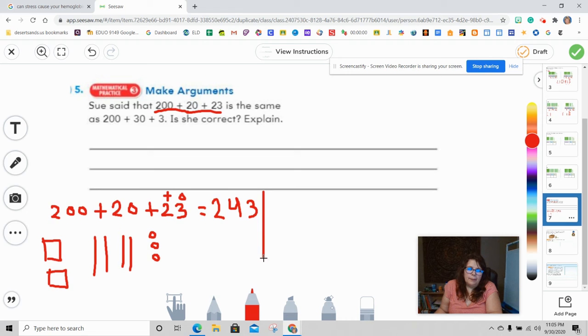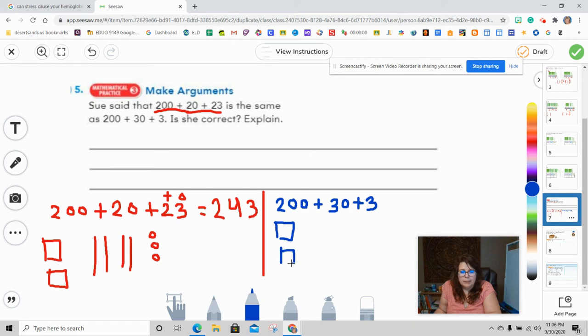I'm going to draw a line. And I'm going to see what the other one has. I have 200 plus 30 plus 3. Okay, so now I'm going to draw my picture. 200. I have 30, so that's 10, 20, 30. 3 tens. And then 3 ones.